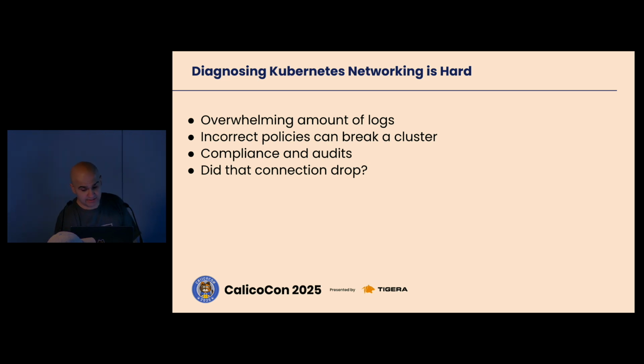The other thing is figuring out why a connection is denied. So did the connection drop? Figuring out if a connection is denied is, I think, communication 101. You need to know, if I wrote a policy, was it the cause of that connection dropping, or is it something wrong with the application?